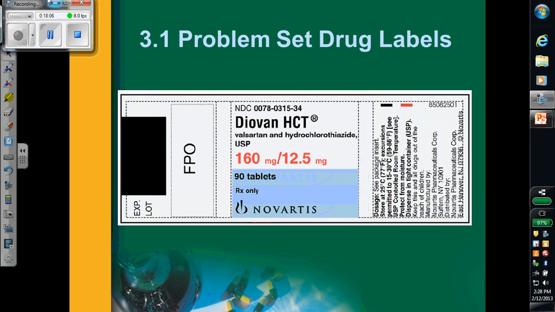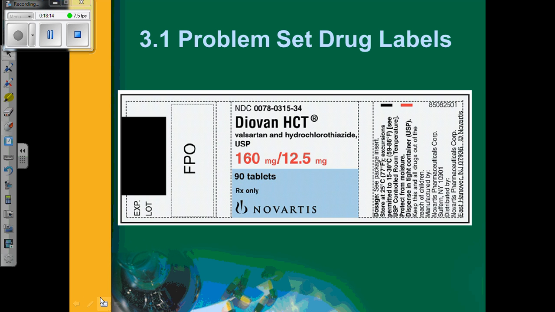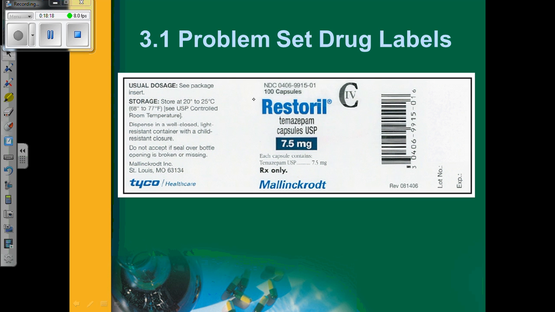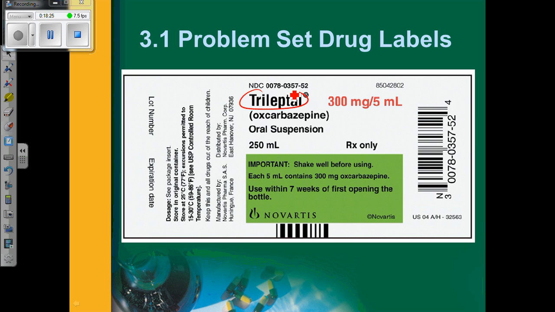Okay, so next we have your Trileptal. The Trileptal is going to be your brand name. Here is your generic name, oxcarbazepine. That's a hard one to pronounce.